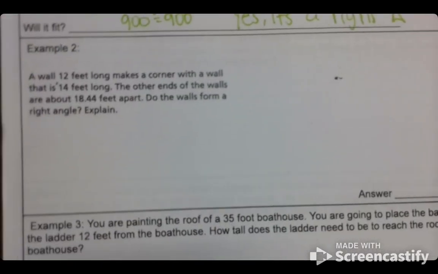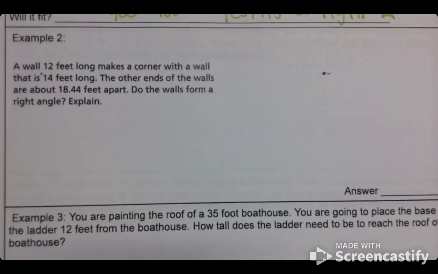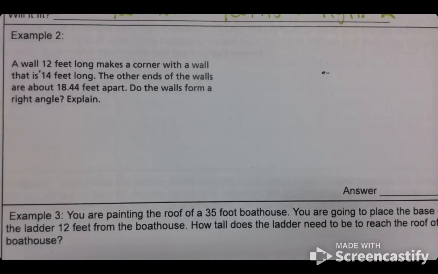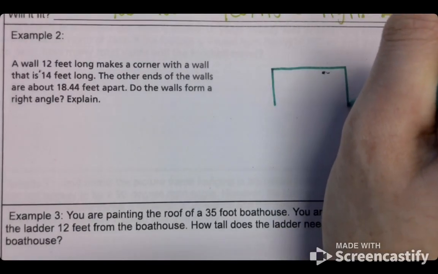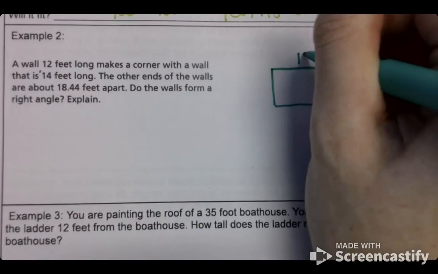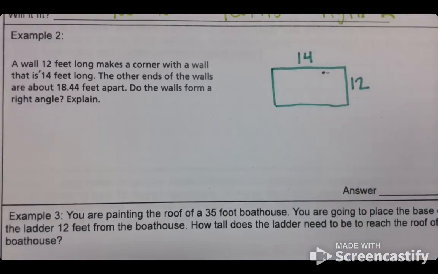All right. Now this one doesn't have any pictures. So this is where, right on that front page, I said, draw a picture if one's not provided. Remember that. So a wall 12 feet long makes a corner with a wall that is 14 feet long. So we basically have a room, right? We have one wall that's 14. We have one wall that's 12.